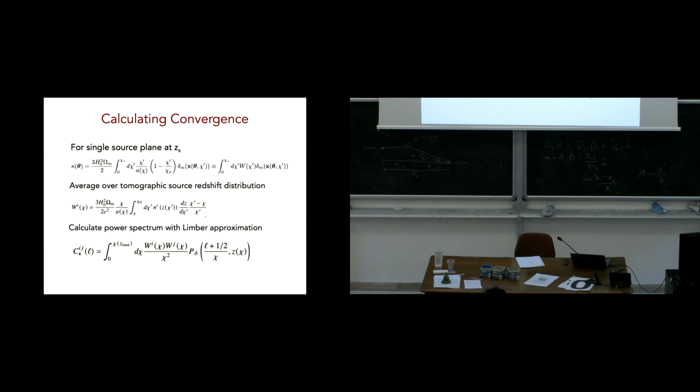Let's write all these prefactors here as a radial kernel W. Then we can average this lens efficiency W over a broad redshift bin, which is just a simple integral averaging over this distribution n of z.